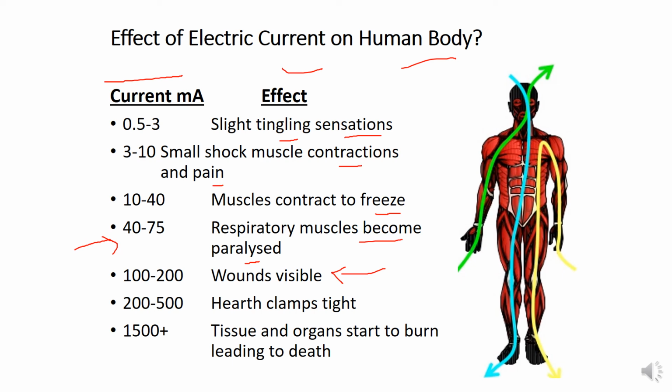Between 200 and 500, the heart clamps tighter, and the muscles in different body parts can also clamp. At the highest, 1500 plus, tissue and organs start to burn, leading to death. So in this way, different organs can start burning, leading to death.